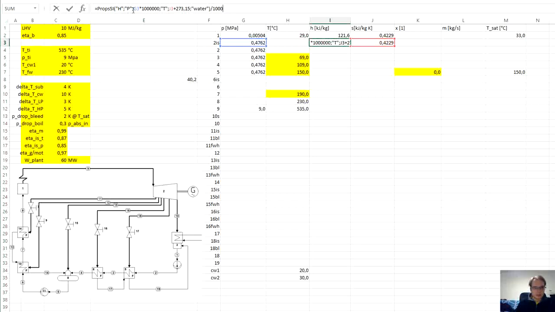We want enthalpy based on pressure, which we have here, and entropy, which is here multiplied by 1000 to get joules per kilogram and Kelvin.